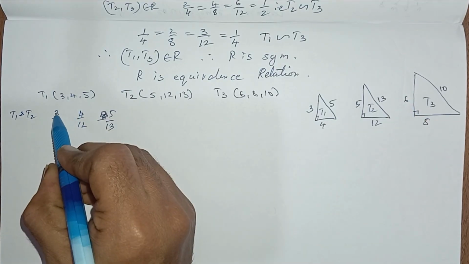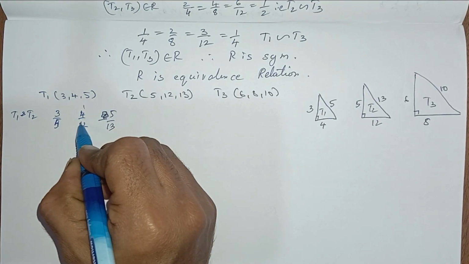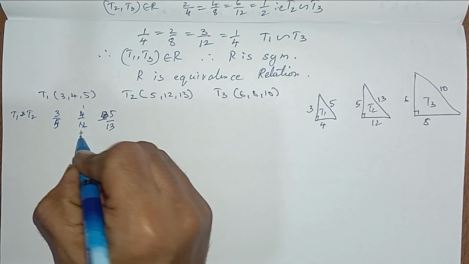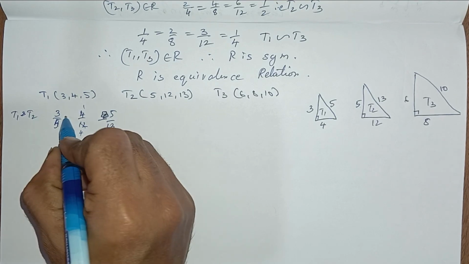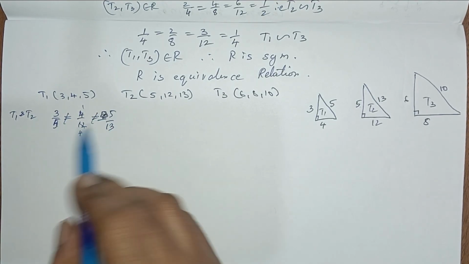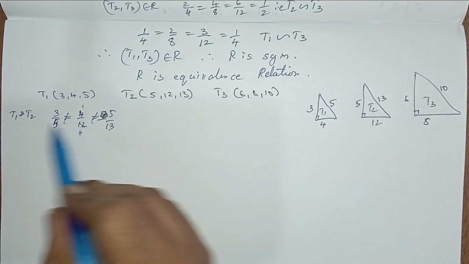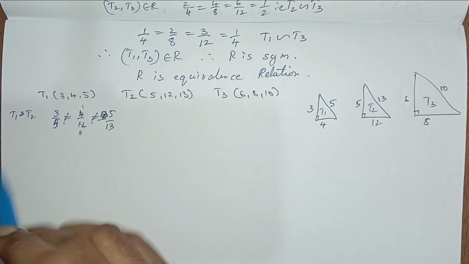So if we see, the ratio is 3 by 5, and this will be 1 by 3 and this is 5 by 13. You can see that all the ratios are not equal. You can see all the ratios are different. So T1 is not related to T2.